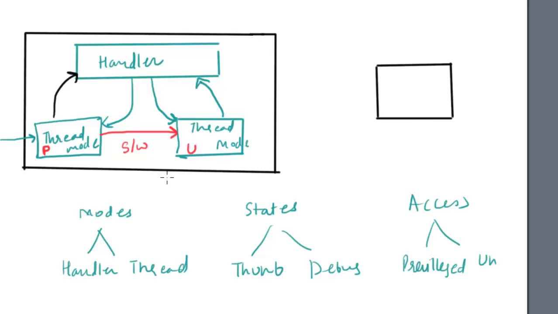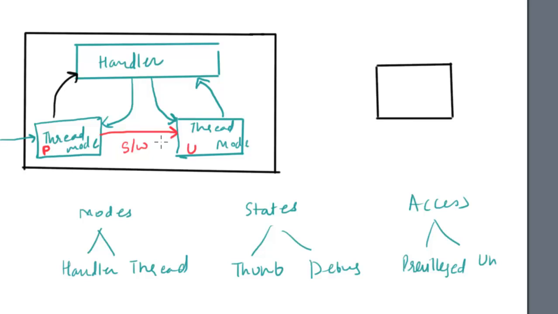Basically, just to wrap it up, what I would suggest is to just understand this particular basic concept. It runs in thread mode all the while. Thread mode is the normal application code, and whenever an exception occurs, it jumps to the handler mode. And you could make the applications run under privileged state or unprivileged state in the thread mode.